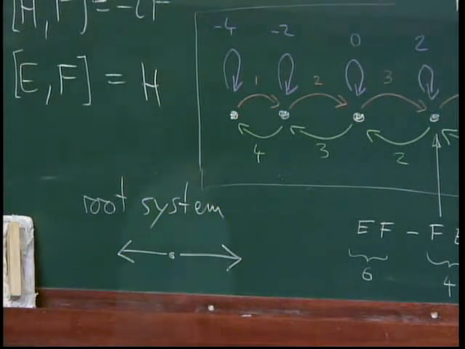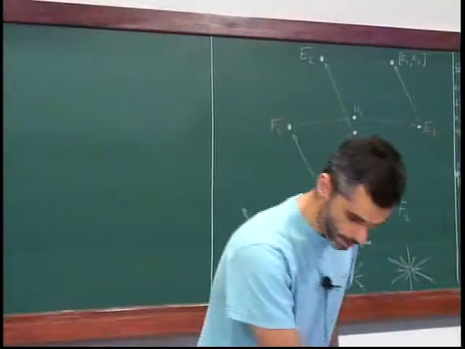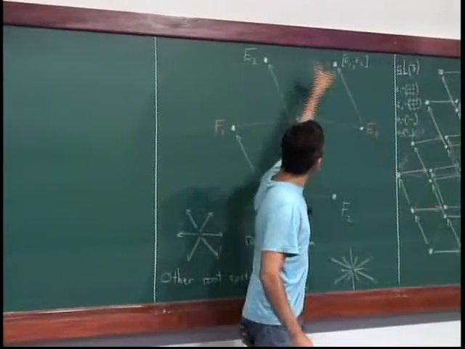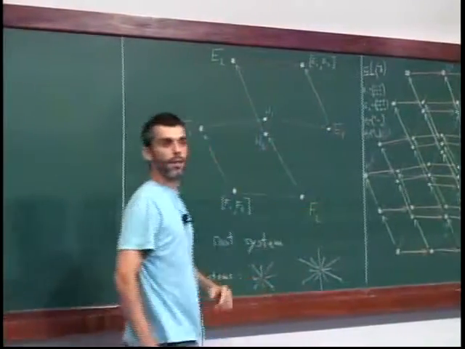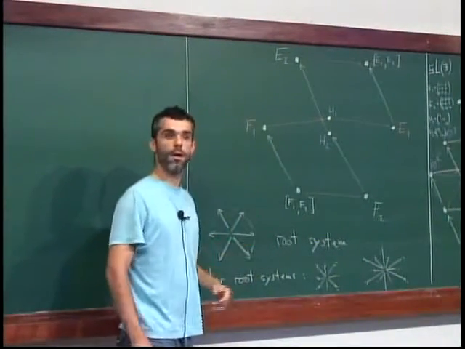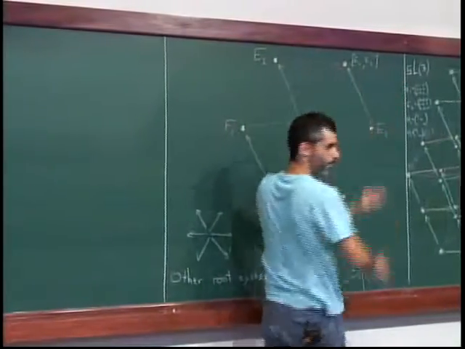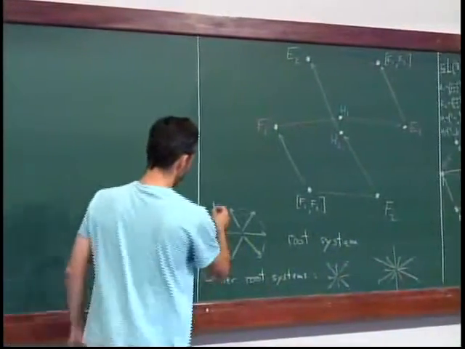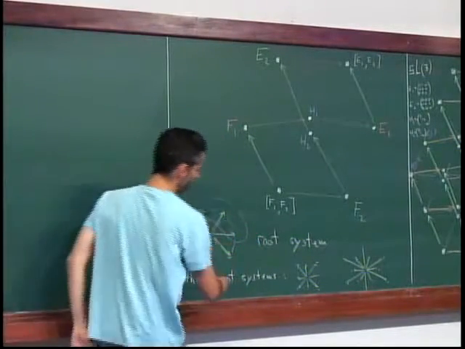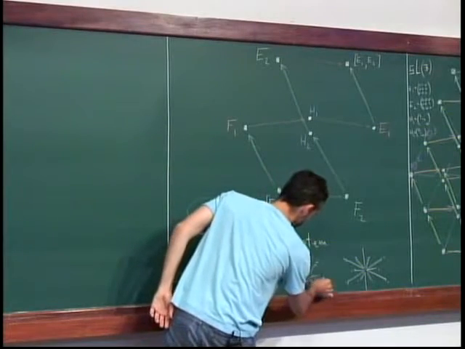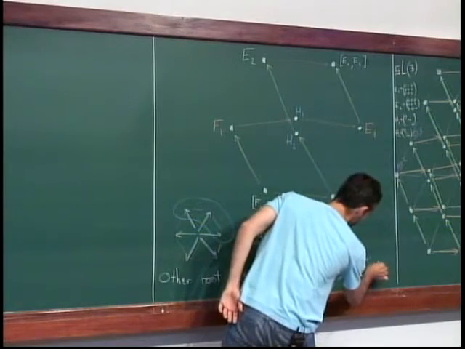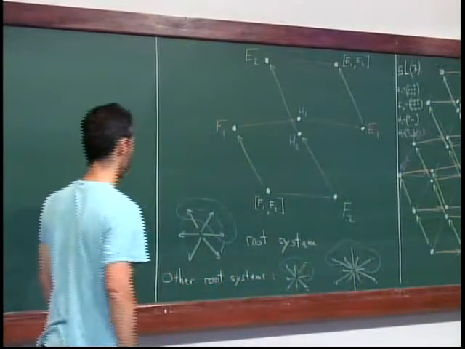So let me use these pictures to introduce some terminology. The set of all things that you get by using e's and bracketing them together, these little arrows that I draw, are called the roots. And the arrows that are on that side of the picture are called the positive roots. You need to pick a half of the root system, and you call it the positive roots.